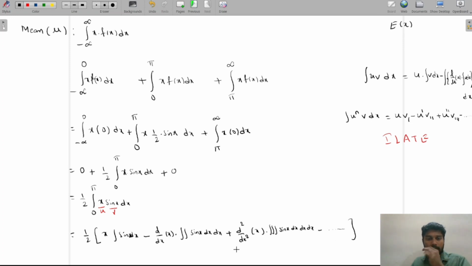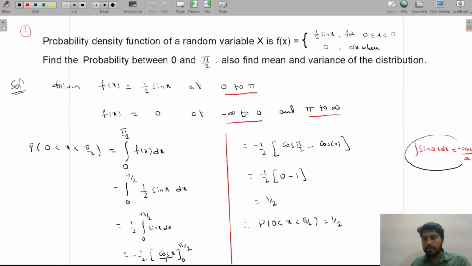Now let's see the answer. 1 by 2 of x is as it is. What is the formula for integration of sin x dx? Minus cos ax by a.